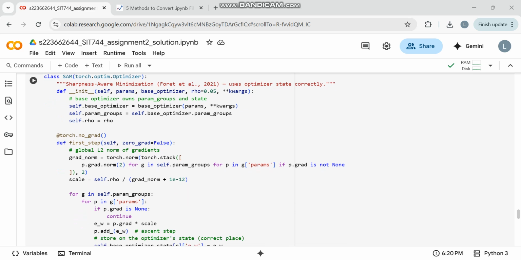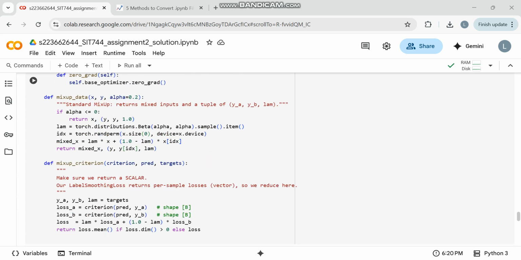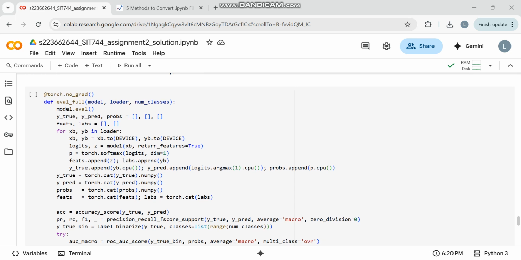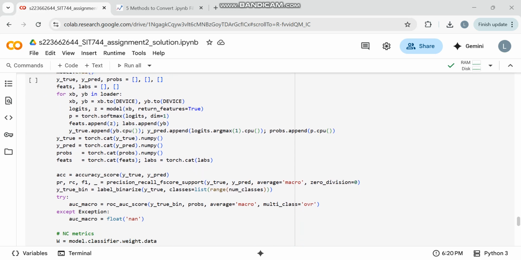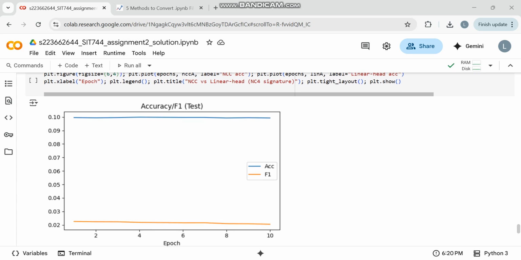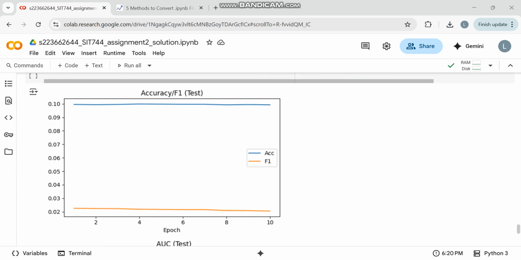Moving forward, we have the metrics and the NC over training, which we have here. So now the results. First, as you can see, accuracy and F1 improve over training. AUC shows similar progress.